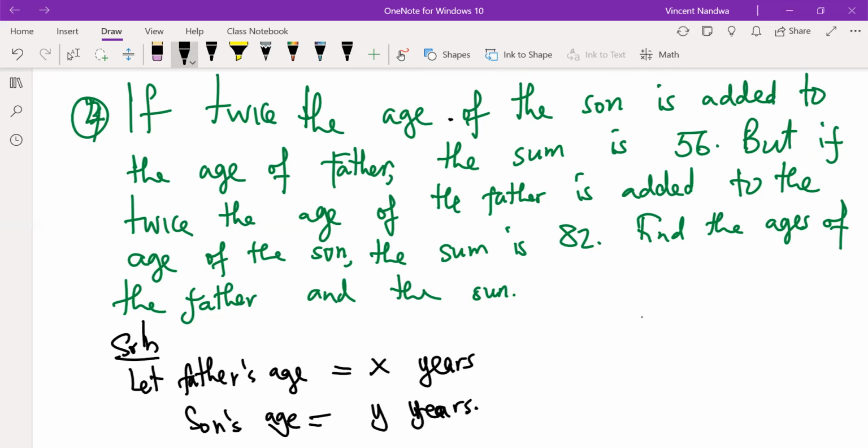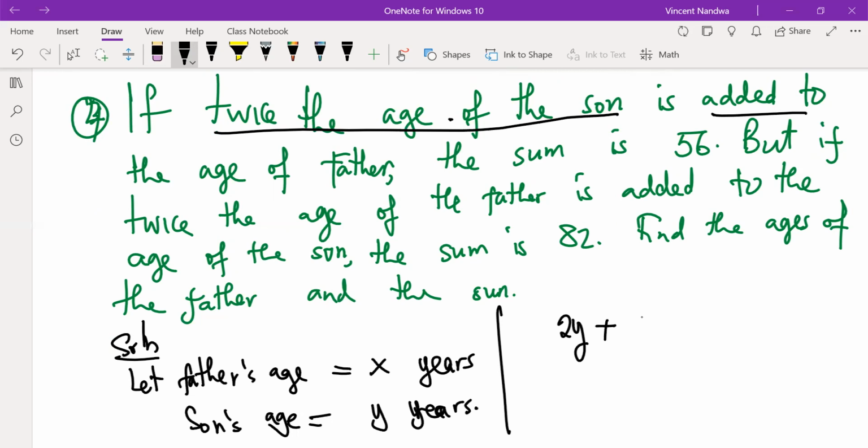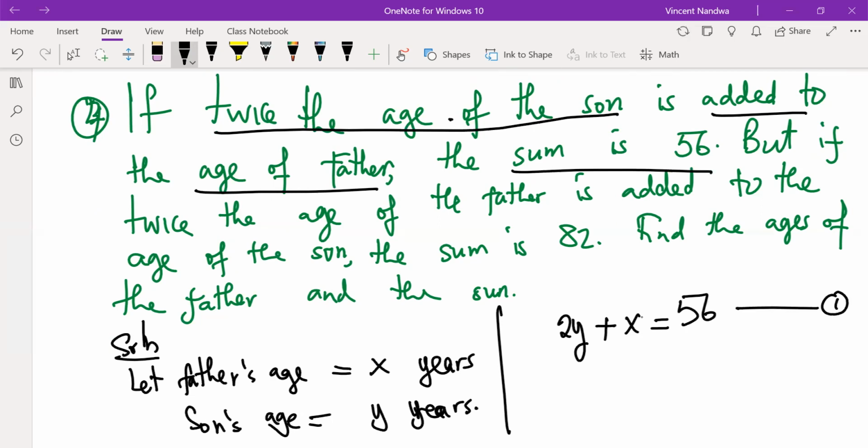Now, we have been told that twice the age of the son, so twice the age of the son means 2Y, is added, which means plus, to the age of the father. Age of the father is X. The sum is 56. So this gives us equation 1. Twice the age of the son added to the age of the father, we get 56. That's equation 1.